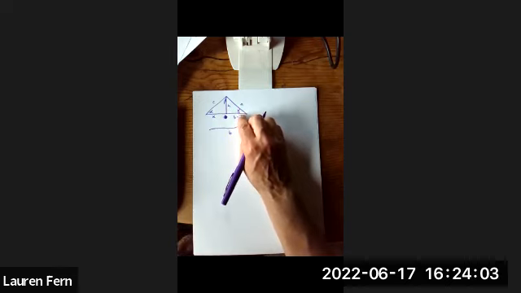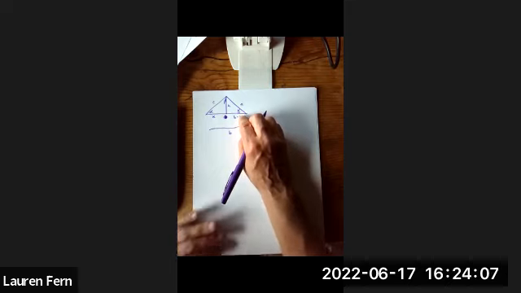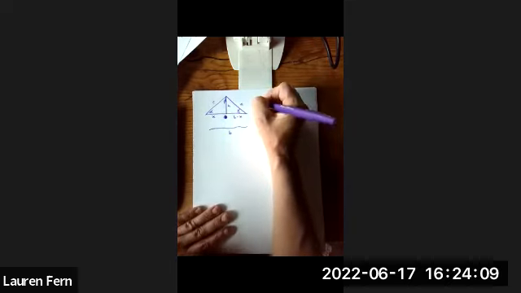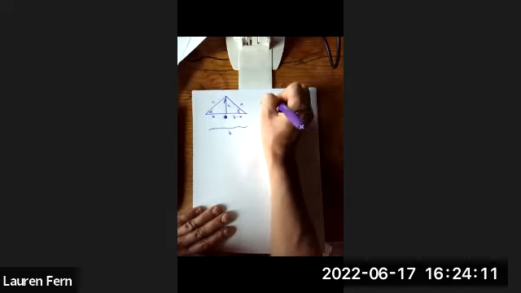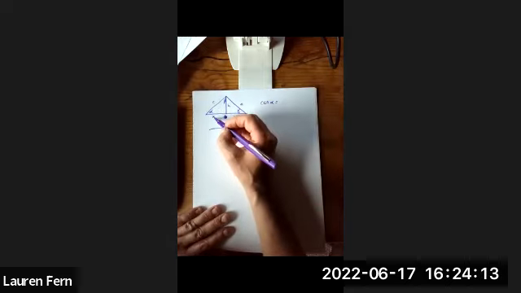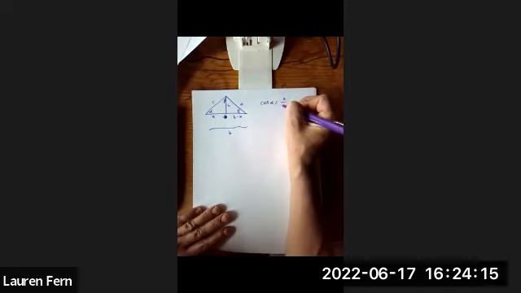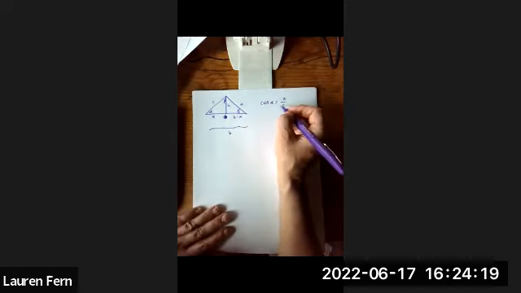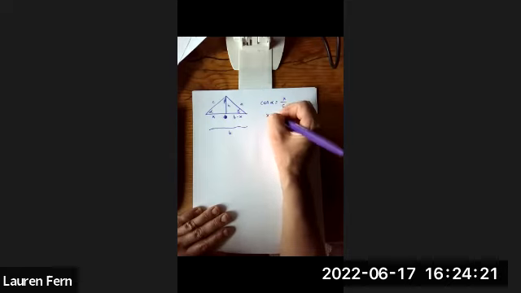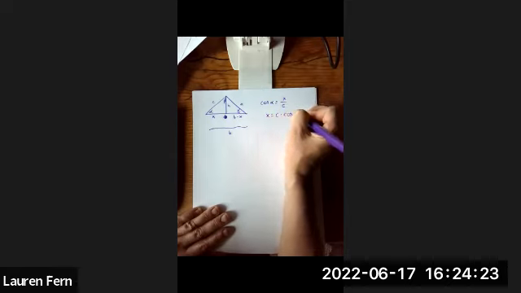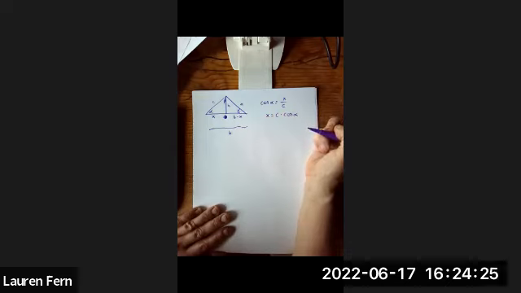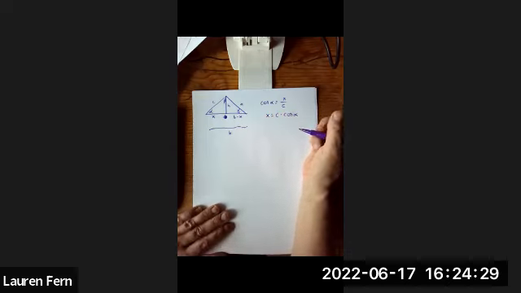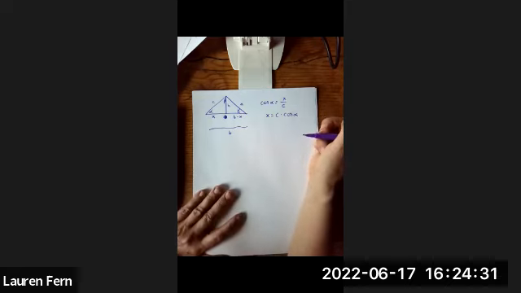Okay. So it's law of cosines. Let's use it. I claim that the cosine of alpha is adjacent over hypotenuse. In other words, I can rewrite X as C times the cosine of alpha. All righty.